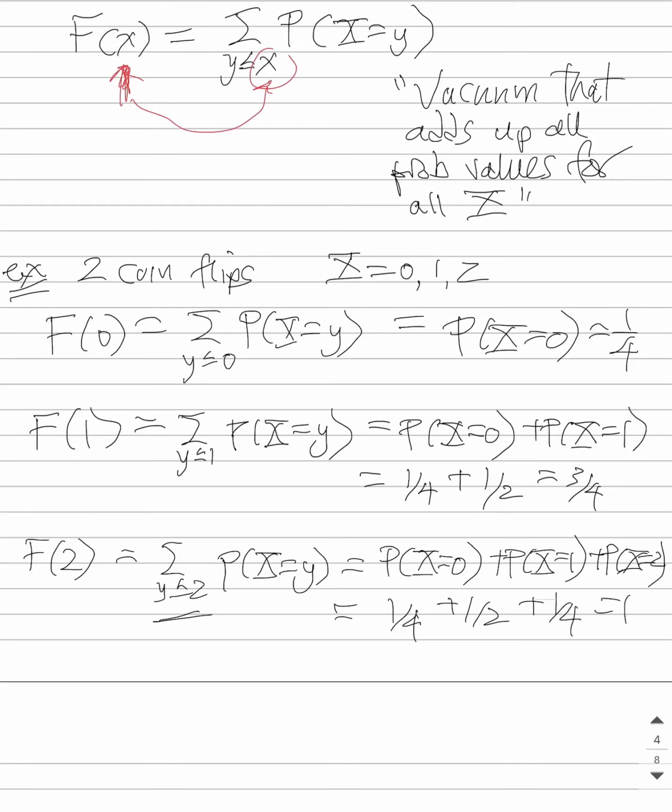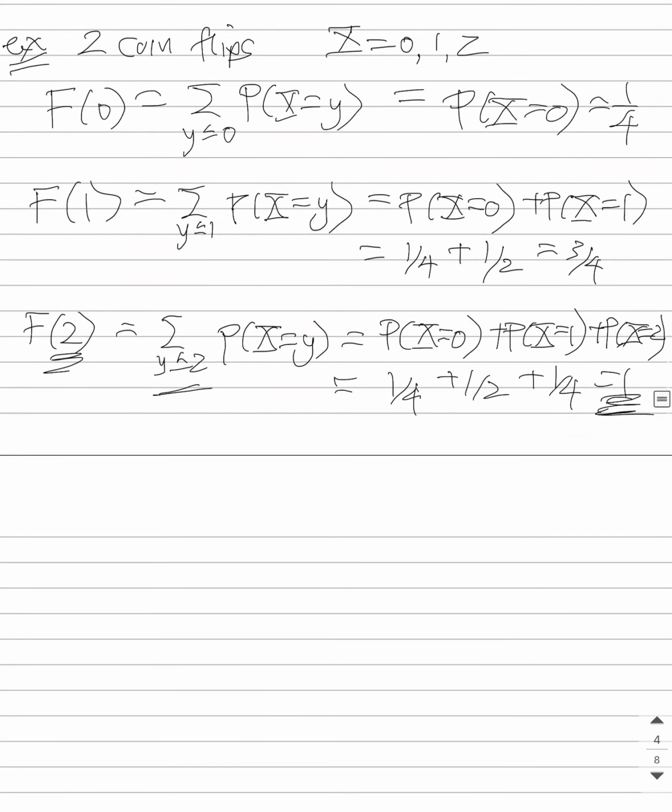And once you have covered all of the values of your random variable, you must always get to a sum of 1. That's one of the properties of your probability mass function, that everything has to sum up to 1. This basically says the vacuum cleaner has added up every possible outcome, and by the end of it, the vacuum cleaner must have sucked up all the probability.